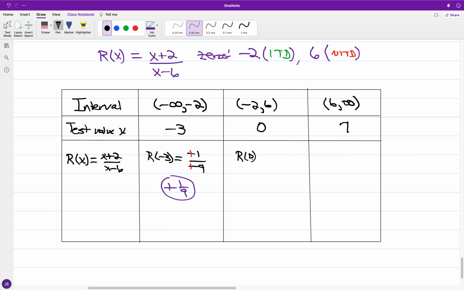And for r of 0, you have 2 over -6, and that reduces to -1/3. As for r of 7, you have 7 plus 2 is 9, and 9 minus 6 is 1, so that's going to be a positive 9.